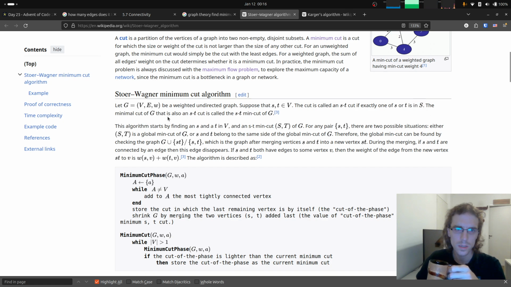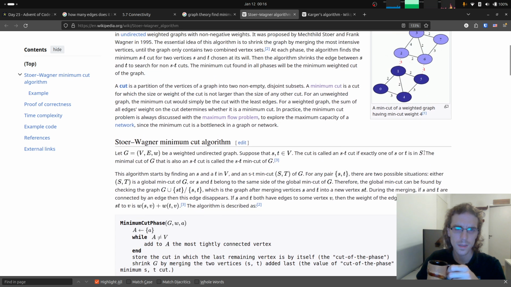Cut of G. Where does Stoer-Wagner minimum cut algorithm start?